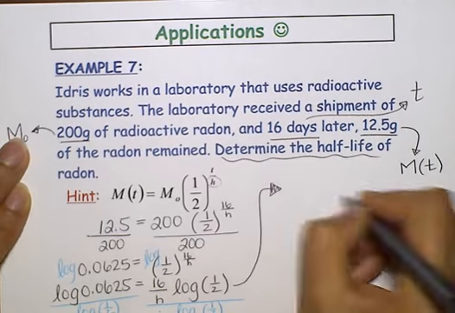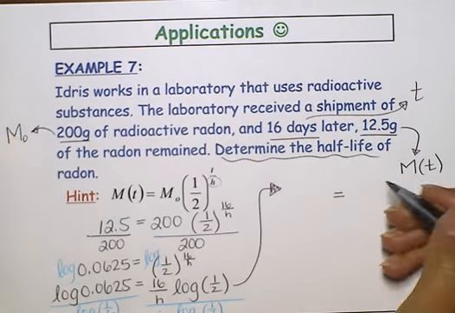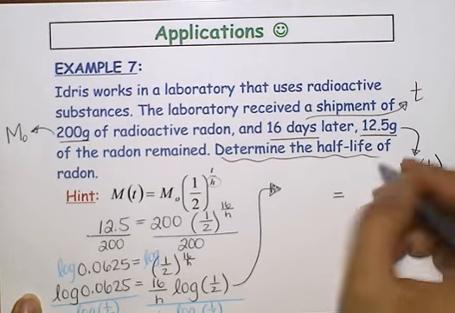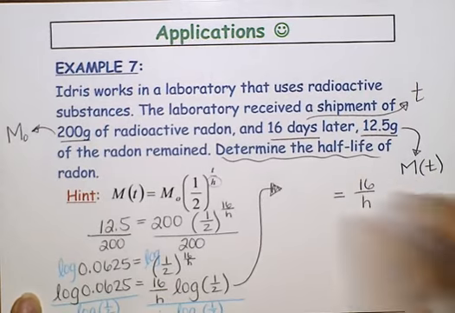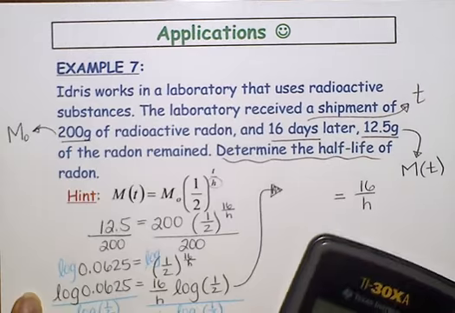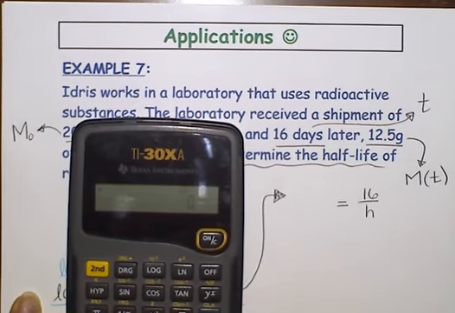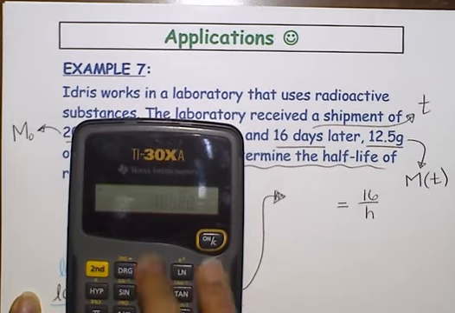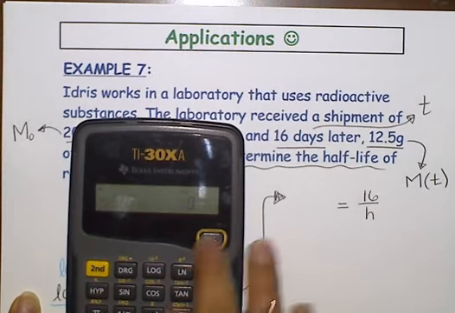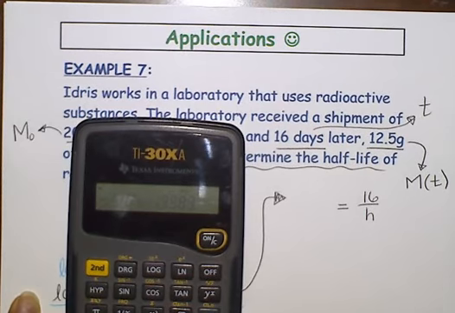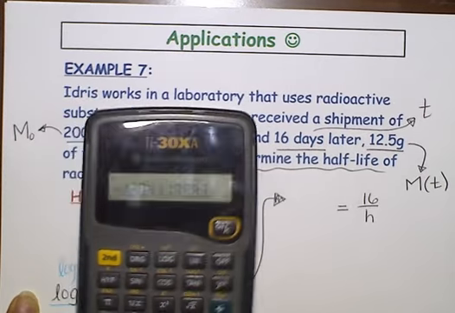On the left-hand side, I can evaluate that on the calculator, but on the right-hand side, I'm left with 16 over h. So I'm going to use the calculator to evaluate the left-hand side first. I have the log of 0.0625, and I'm going to divide that by the log of 1/2.